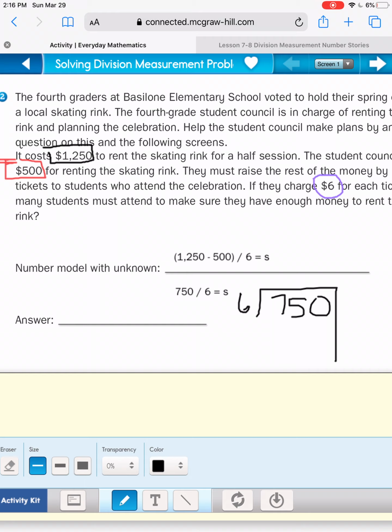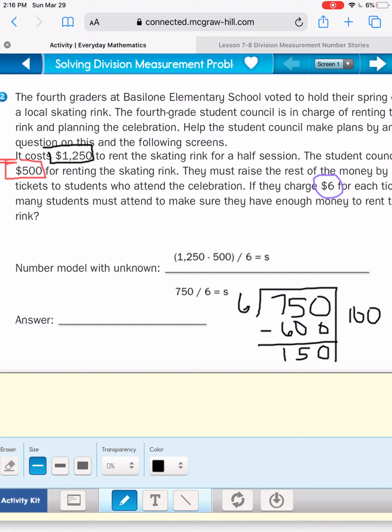I know that my first part could certainly be a 3-digit number, and only because the 7 is bigger than the 6. So I'm going to start with 100. 100 groups of 6 is 600. So I'm going to subtract, and I'm left with 150.